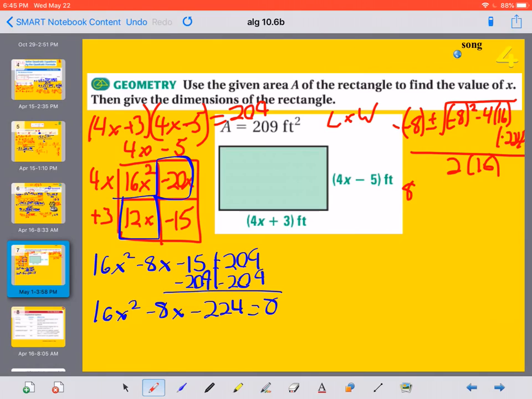So we get 8 plus or minus the square root of 64. This is going to be plus because I see 2 negatives. 4 times 16 times 224 gives me 14,336 divided by 32.